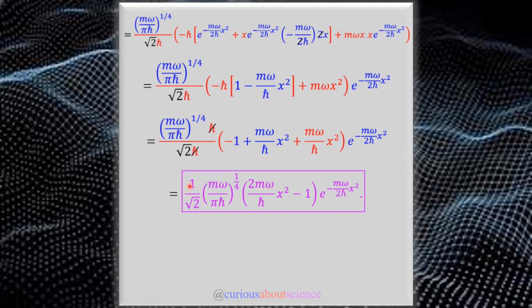The 1 over root 2 was a normalization requirement of the general form for the nth state generating function for these operators. This is the ground state normalization. These are the polynomials from the operations. So we have to use these to get to the second state, and that's what makes it different from the ground state. And of course the exponential, which is just a solution to the time-independent Schrodinger equation for the case of n equals 0.